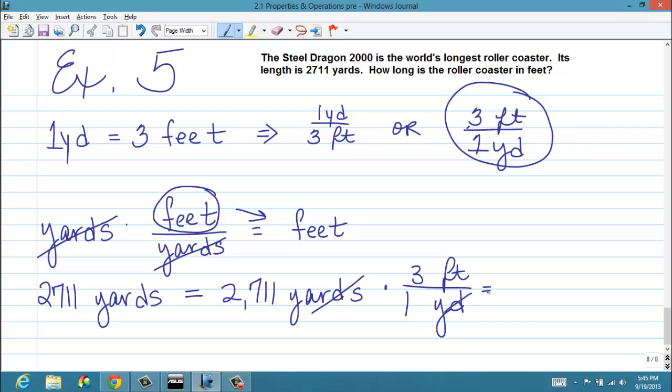I use the conversion factor, and now I'm going to multiply 2,711 by 3 feet, which will give us 8,133 feet. So the roller coaster is 8,133 feet long. And that's it.